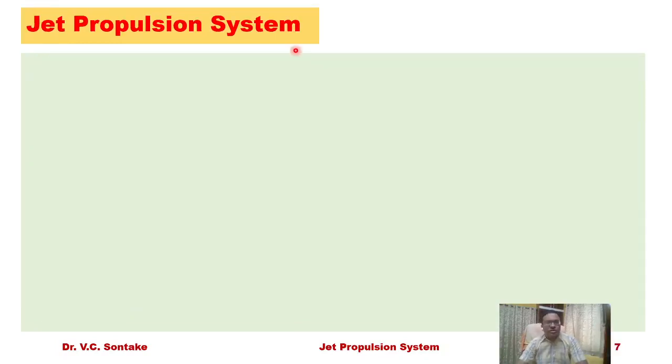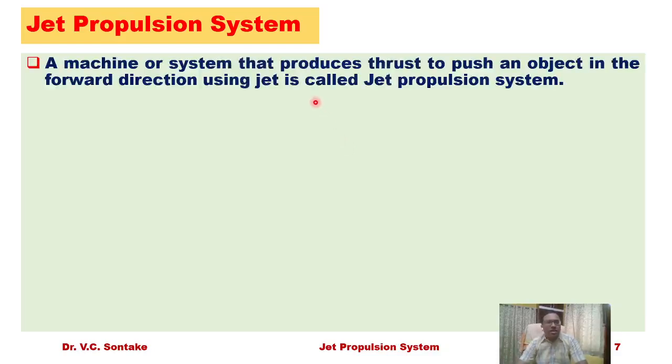Now, jet propulsion system. We have defined jet, propulsion and jet propulsion, and now let us talk about the jet propulsion system. A machine, system or engine that produces thrust to push an object in the forward direction using a jet is called a jet propulsion system.